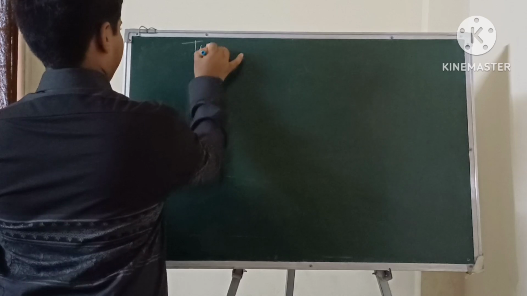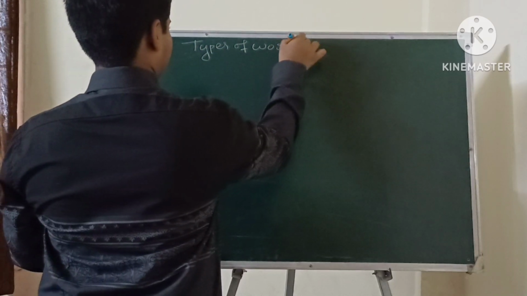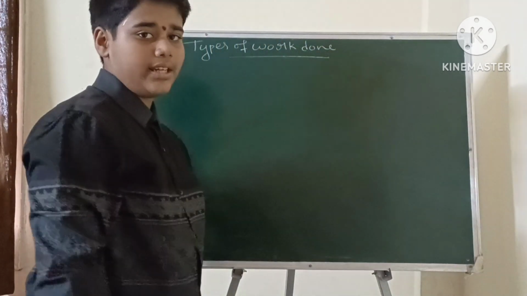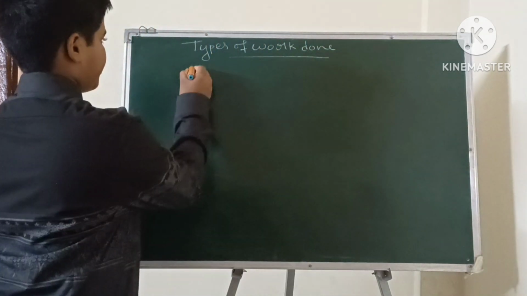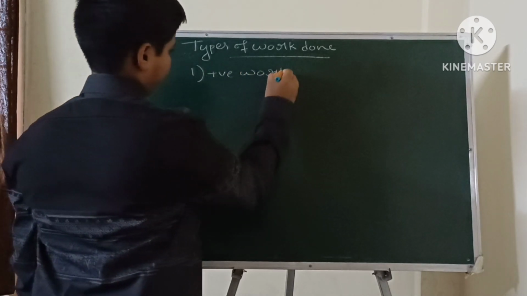Types of work done. There are three types of work done. First one, positive work done.